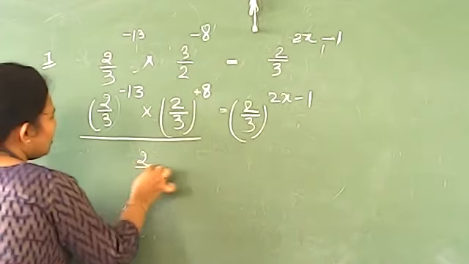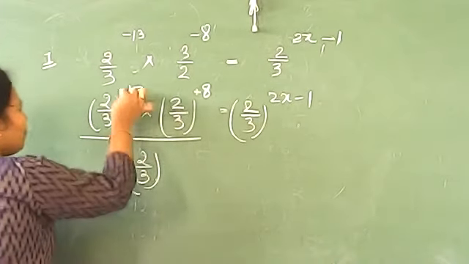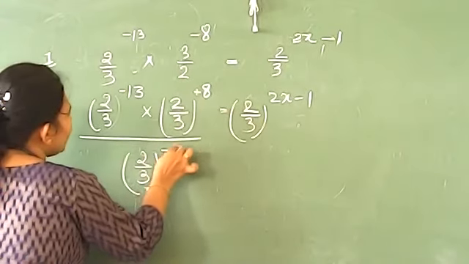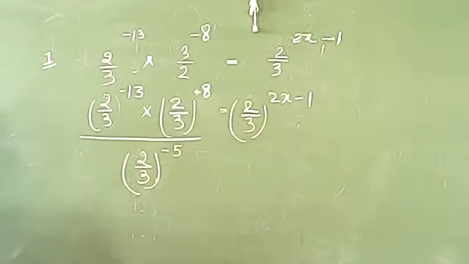It means powers will be added. -13 plus 8 gives you -5.